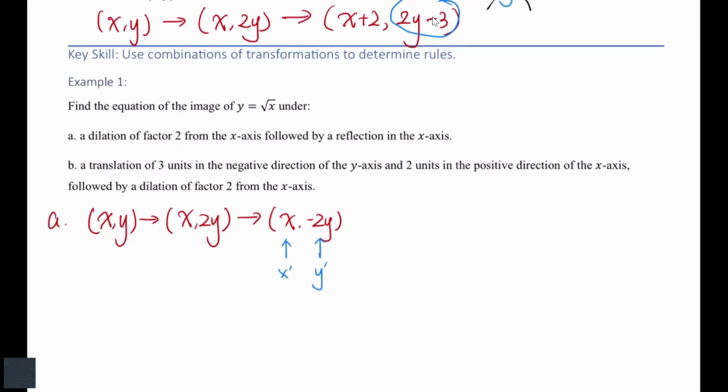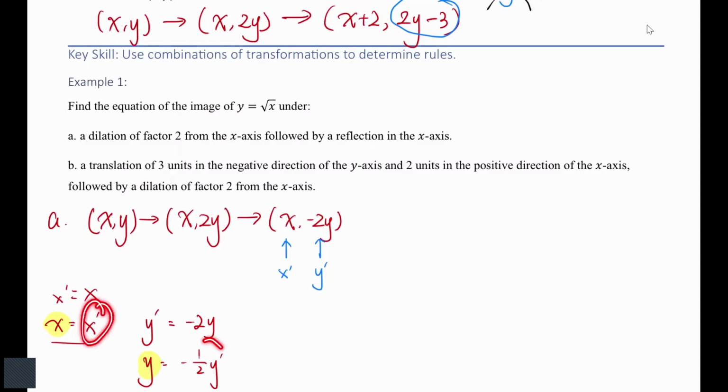Then we can write down the equations: x equals x dash, and y dash equals negative 2y, and y then equals negative half y dash. Now this one actually comes from x dash, which equals x. I just skipped steps, right? Now, remember the ultimate goal for mapping is to represent my original x and original y with x dash and y dash.